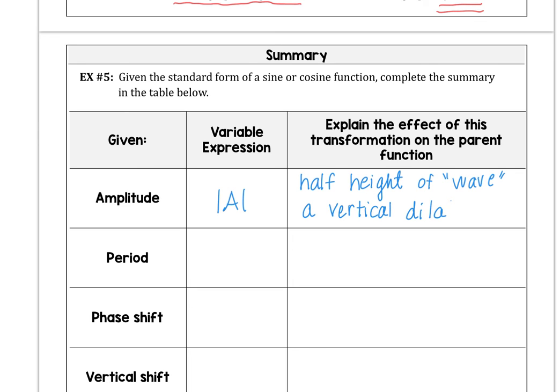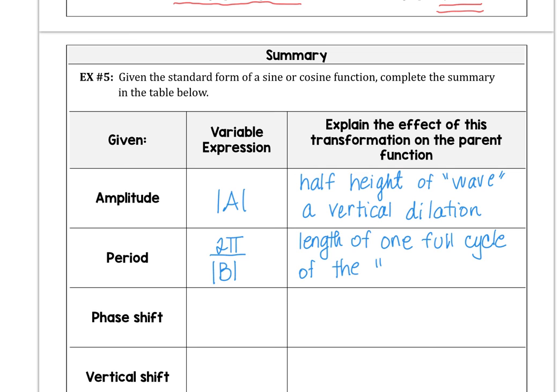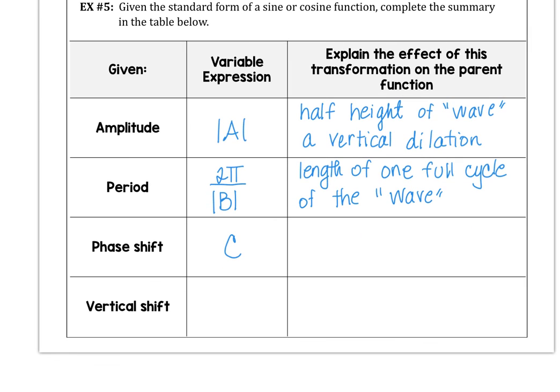The period, we can find the period by evaluating the expression 2 pi over b. Again, I'm going to put absolute value bars around the b. That's the length of one full cycle of the wave or the curve, sinusoidal curve. The phase shift is c, and we could say this is a horizontal shift.